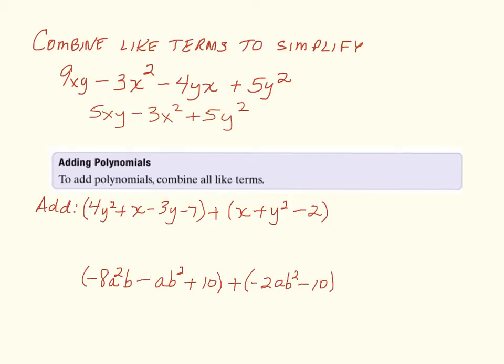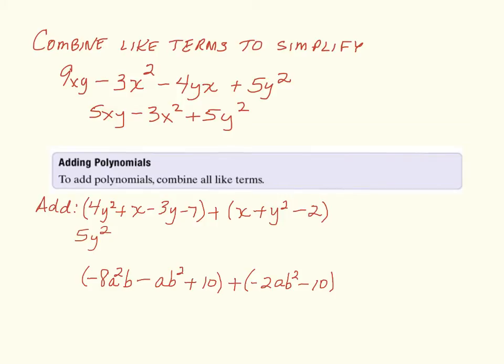Okay, now to add polynomials is very easy. All you do is combine all the like terms. So when you're given these two polynomials here, this trinomial added to this trinomial, all you do is drop those parentheses and combine the like terms. So we have 4y squared in the first one and a y squared in the second one, which gives us 5y squared.